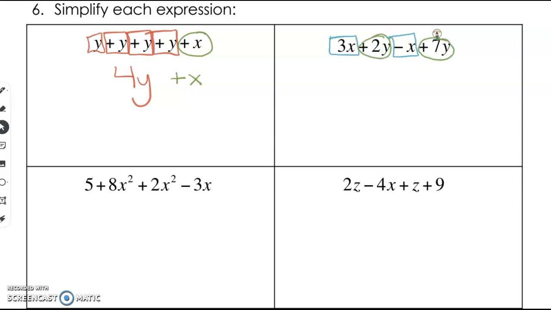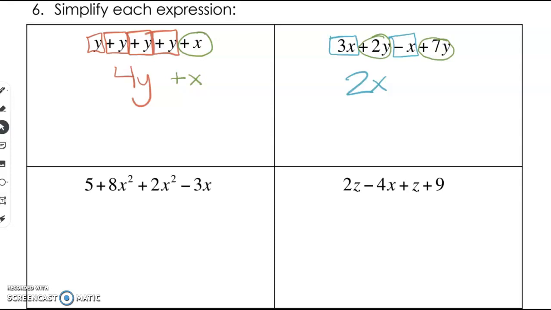Okay, so I'm going to look for all my squares and combine them together. 3x minus x, that means I'm going to have 3 x's, and then I'm going to take one away. So that gives me 2 x's, and then I have 2y plus 7y.